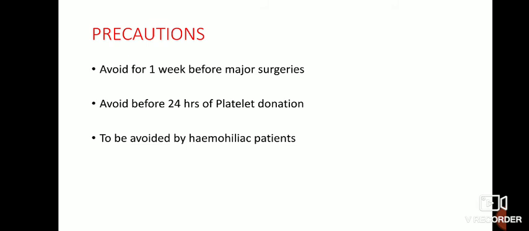And nowadays, since there are many new technologies available for platelet donation or plasma donation and so on, people should avoid garlic, at least too much garlic in their diet, at least 24 hours before such procedures. And it is best to avoid it totally for people with bleeding tendencies as such, like hemophiliac patients.